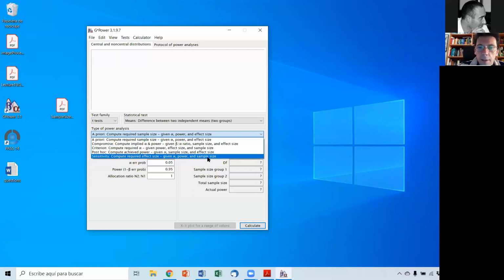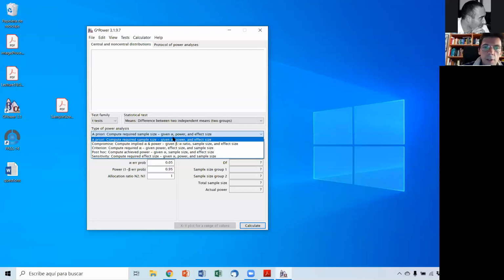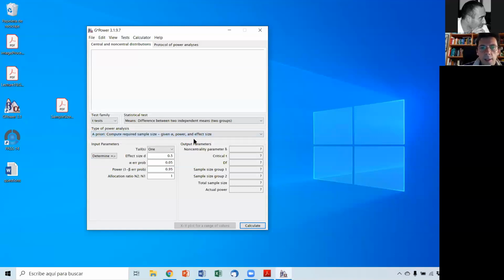Given that I will use only 10 animals, what is the effect size that I will be able to see with these 10 animals? This goes in the direction that I mentioned at the beginning. There are 5 variables. If you fix 4 of them, you can calculate the last one. And actually you have here 5 possibilities. The one that we will use now is the required sample size.